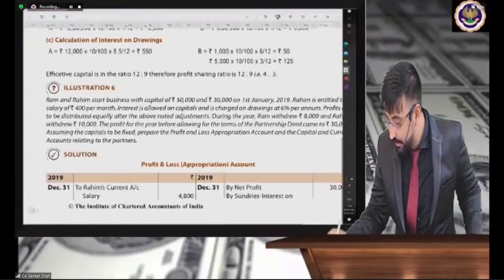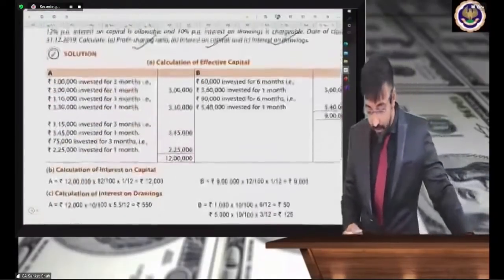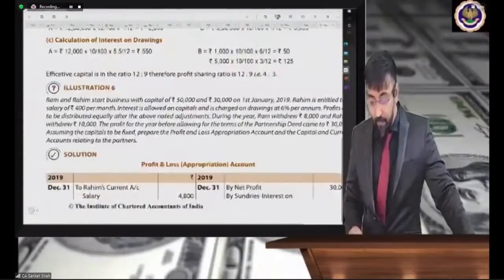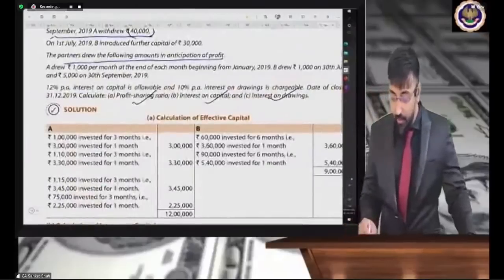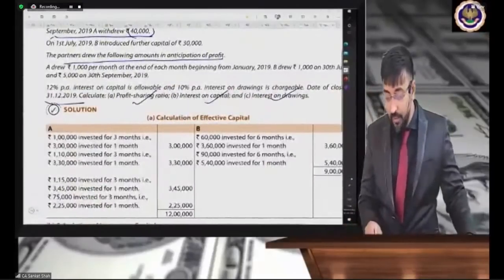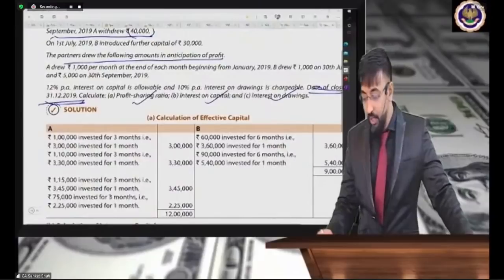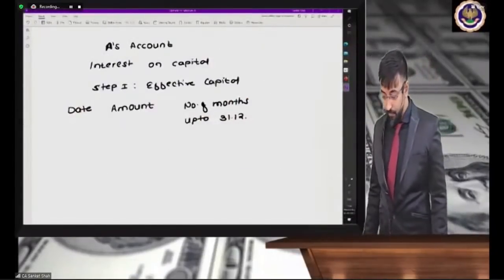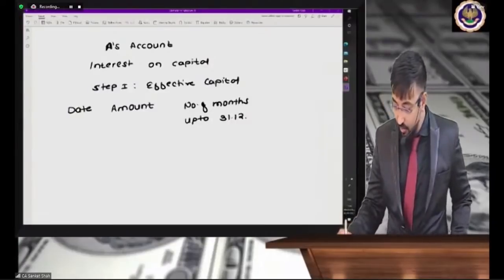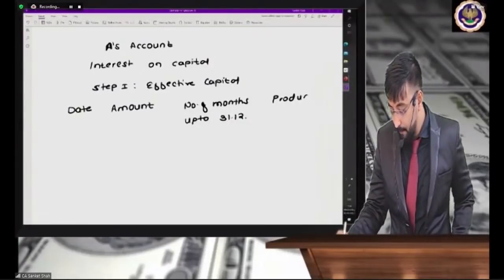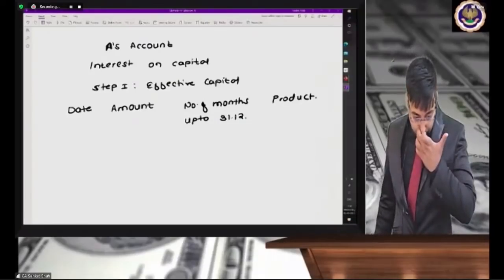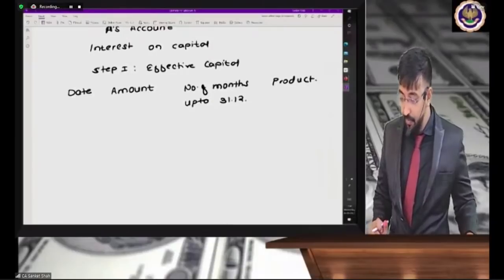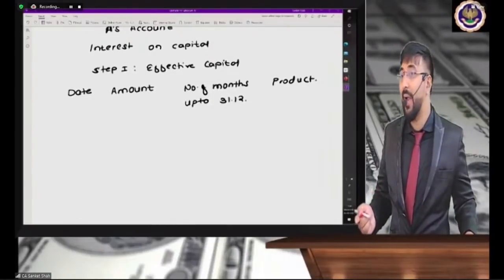Now this is December ending. This is not March ending. Because 1st January is the effective capital, December ending is the year ending date. Date of closing is also given, 31st of December. In the question itself, it is mentioned. So don't consider 31st March. And last one is the product. Okay, so separate presentation. It's similar to your account current and average due date.